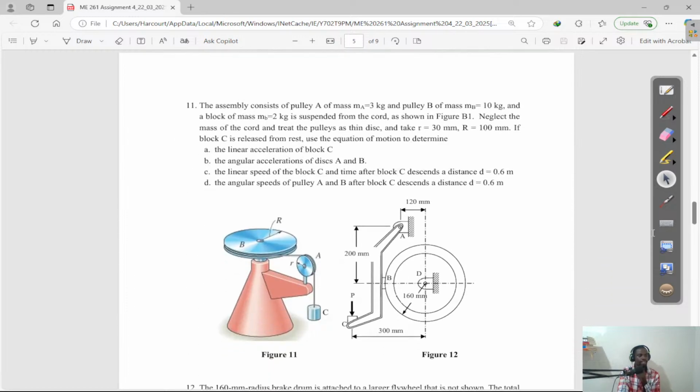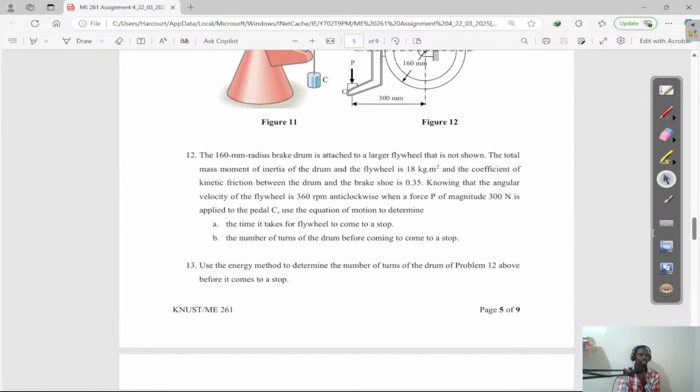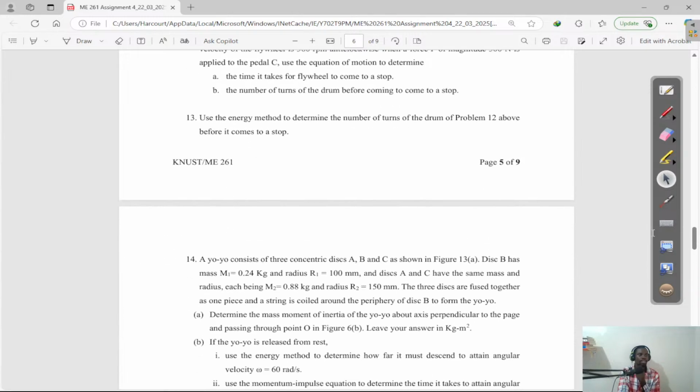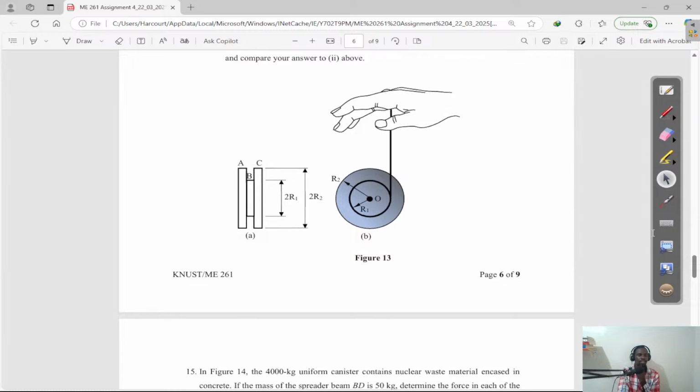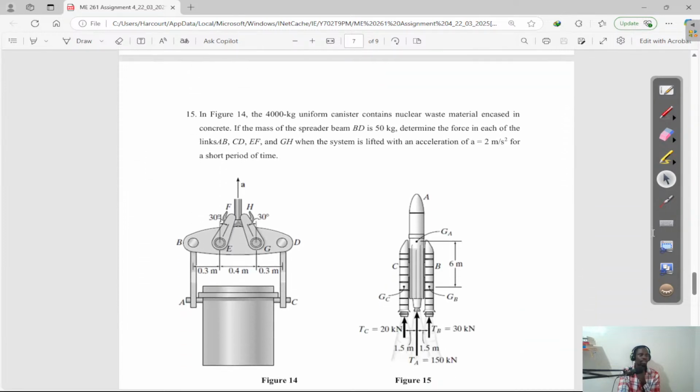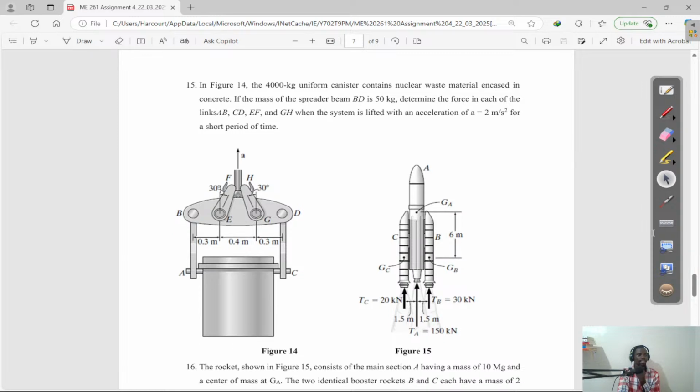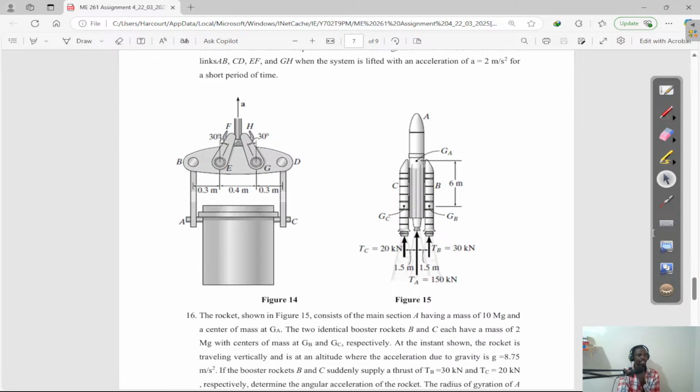I have this. This one I won't solve. This guy looks some way. I'm not sure I can solve it today.